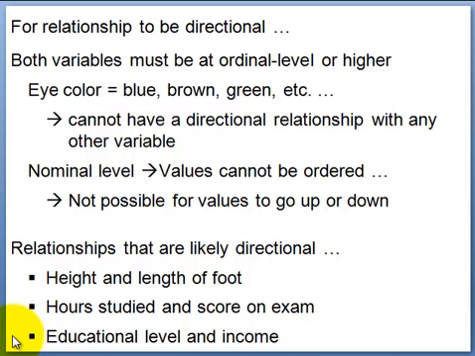We're not saying that everybody with high education level has high income, and everyone with low education level has low income. But the trend, the pattern, is there. That's the nature of relationship, and the nature of directional relationship is that there's a direction to that relationship. As one goes up, the other goes up, or as one goes up, the other goes down. Positive and negative directional relationship, respectively.